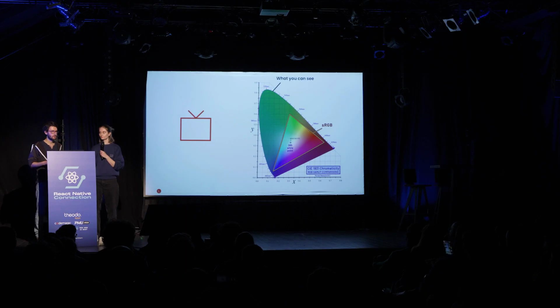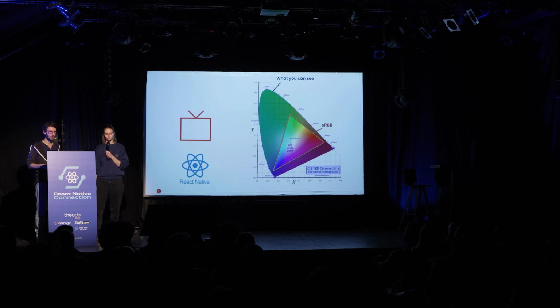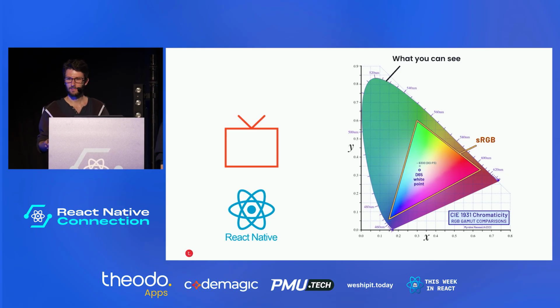And this is the standard on pretty much most of the devices that we have around us today. And that's the standard that we have access to in React Native. In React Native, we don't have access to any other color outside of this spectrum.